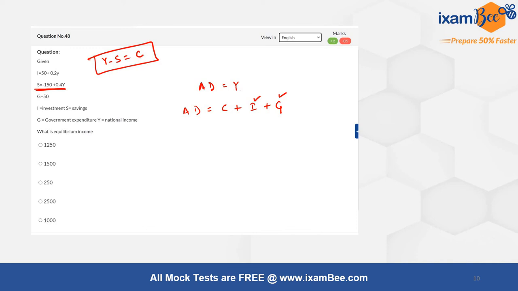So the consumption function would be Y minus 150 minus 0.4 Y. So this would be equal to Y plus 150 minus 0.4 Y, which is equal to 150 plus 0.6 Y. This is my consumption function.